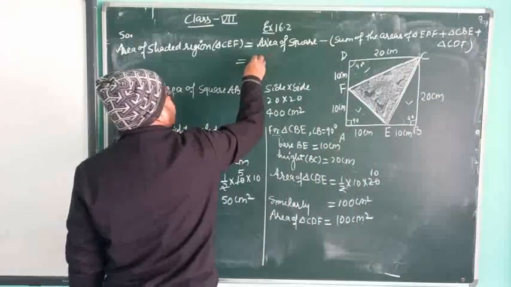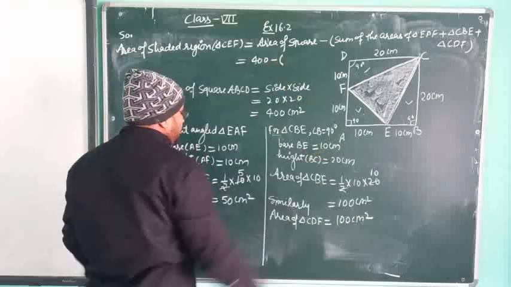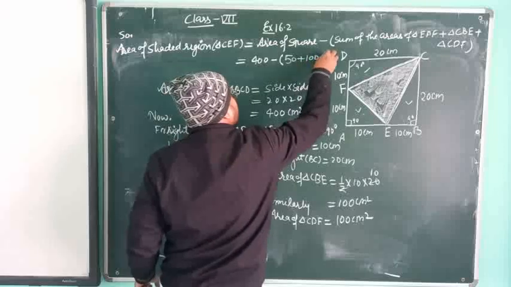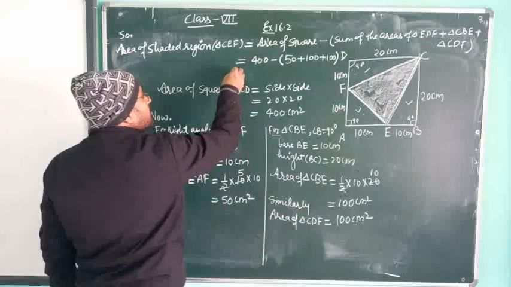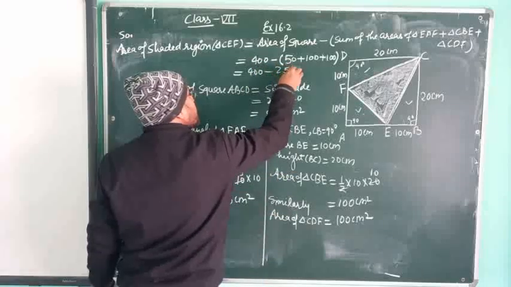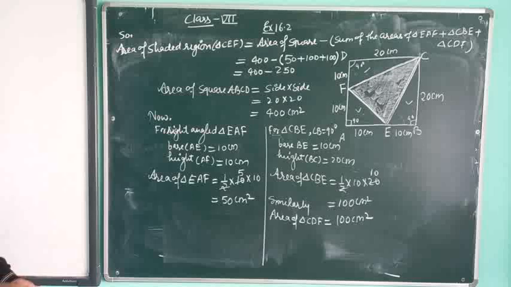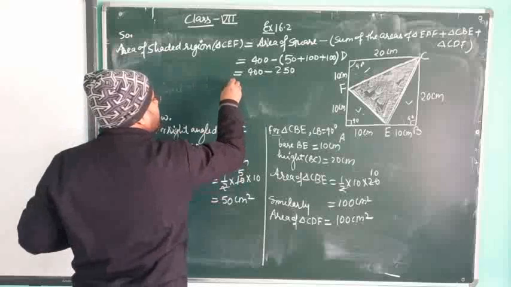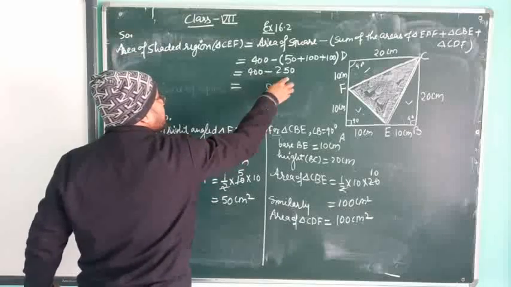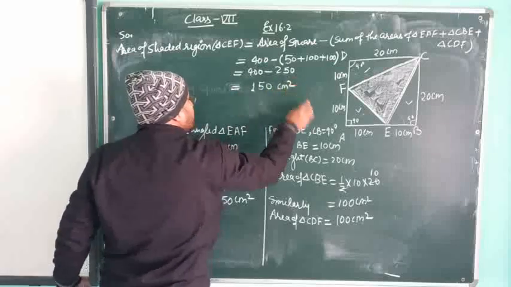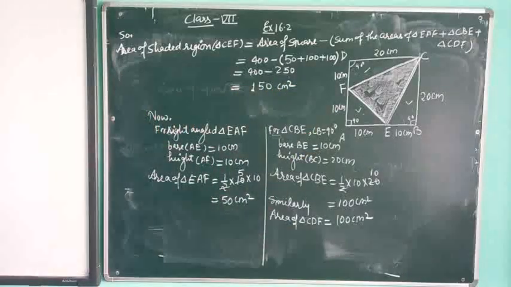So the area of the square is 400 minus (50 plus 100 plus 100). 100 plus 100 plus 50, we are getting 250. Now 400 minus 250, we are getting 150 centimeter square is the area of the shaded region.